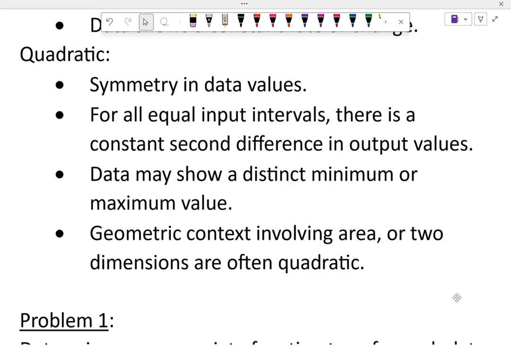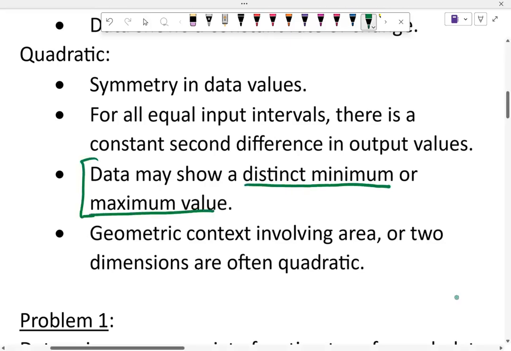What's our next one? Constant second difference. So that's our second difference being the same. That works better if I'm given a small collection of data. We can look at the second difference. What's the third one say? Distinct min or max value.